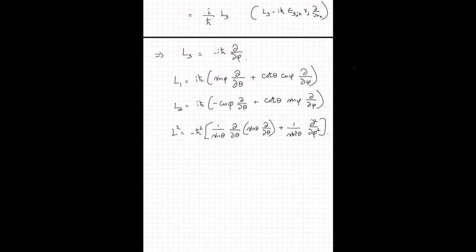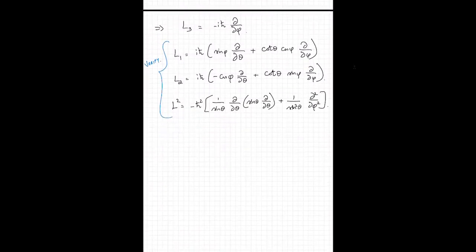But I want to write down the L squared operator in a slightly different form. So again, verify. If you're too bored to verify all three, at least verify one of them. At least it will give you some practice in working with differentials. So notice that L squared can be written as Li, which is iħ epsilon ijk xj ∂/∂xk.